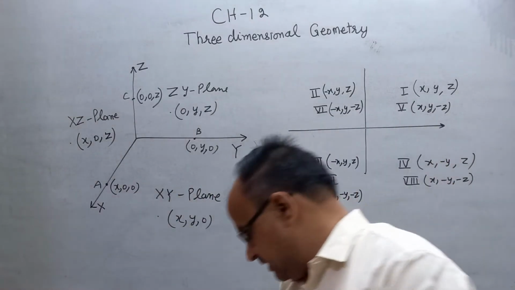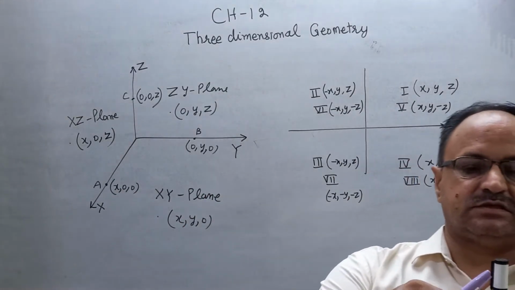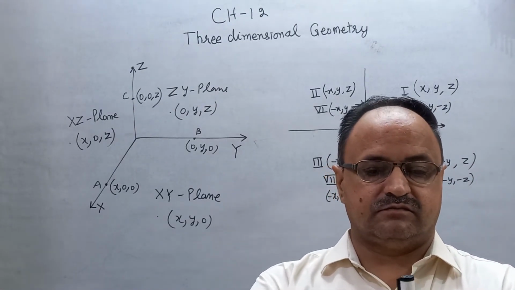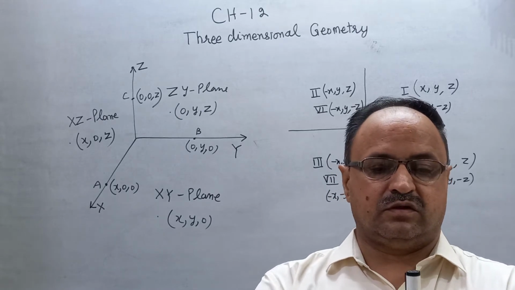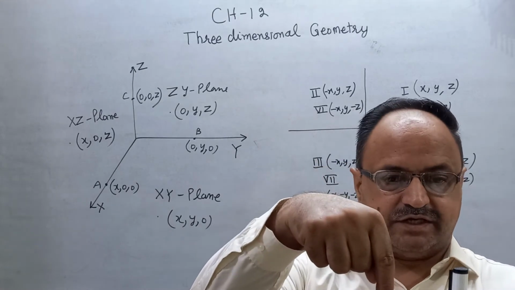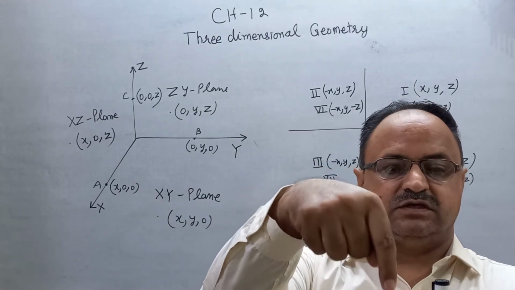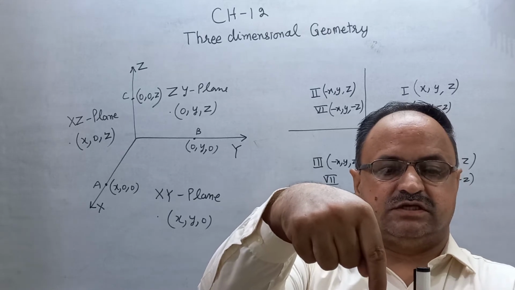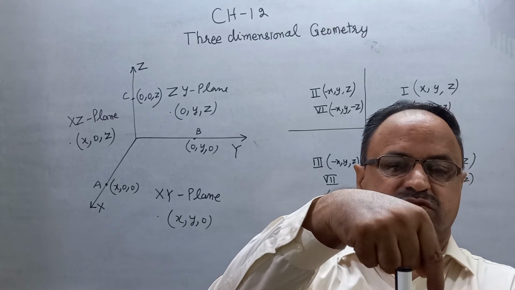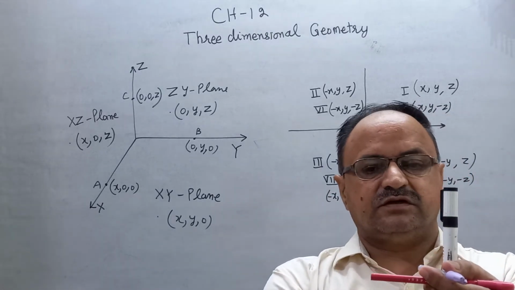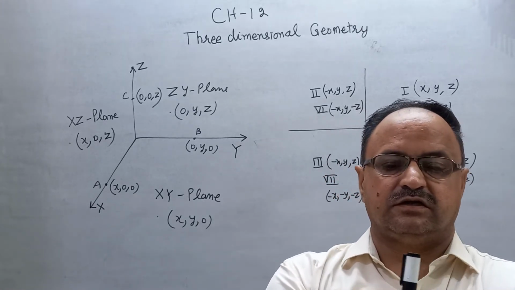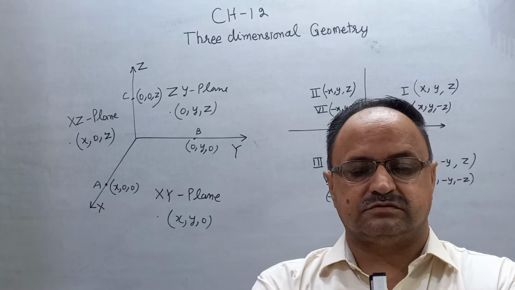You can understand with the help of these pens. You know that this is the first octant, x, y, z positive. Second octant, this is third, and this is fourth, and here is fifth, sixth, here seventh, and eighth. Clear? This diagram. Any doubt?